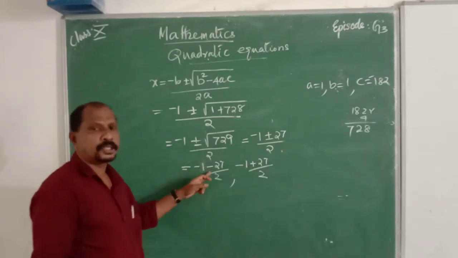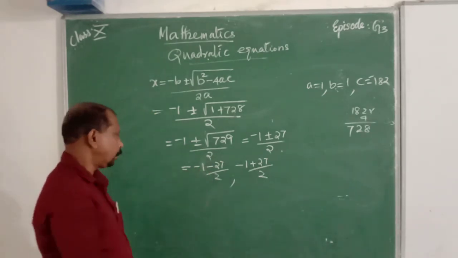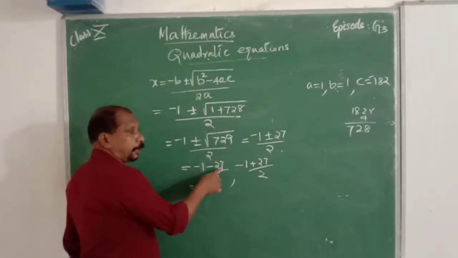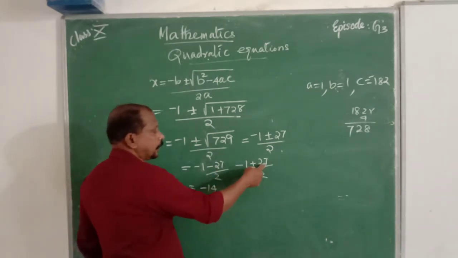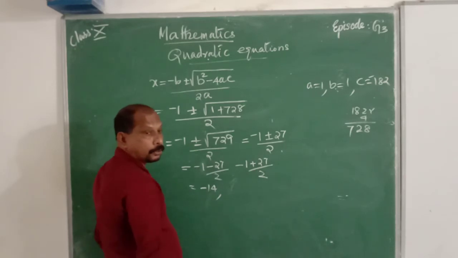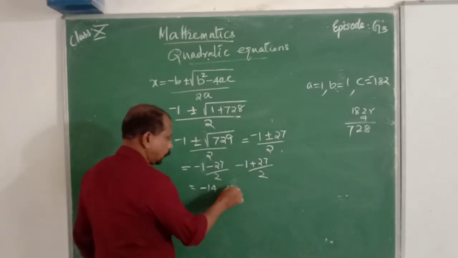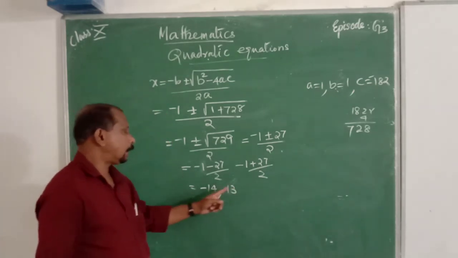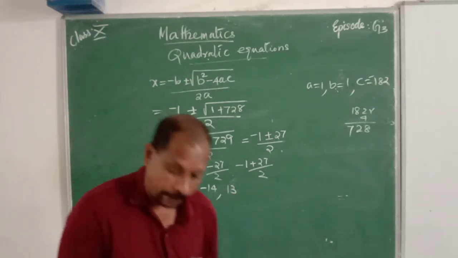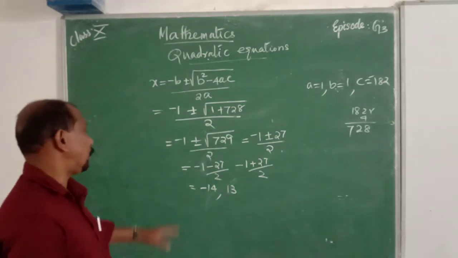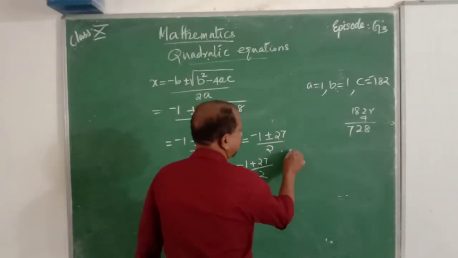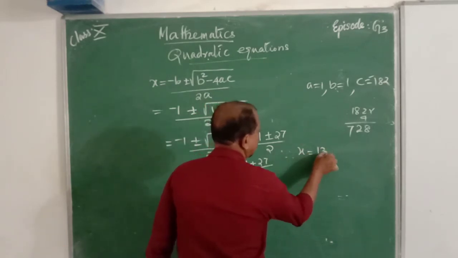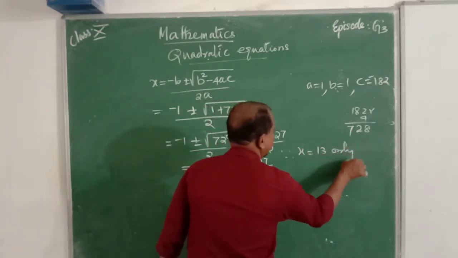This one is a negative value, that is minus 28 by 2, that is minus 14. The other is 27 minus 1, 26 by 2, that is 13. One number is negative, the other number is positive. But the question is to find two consecutive positive numbers. Therefore, we get only x is equal to 13.